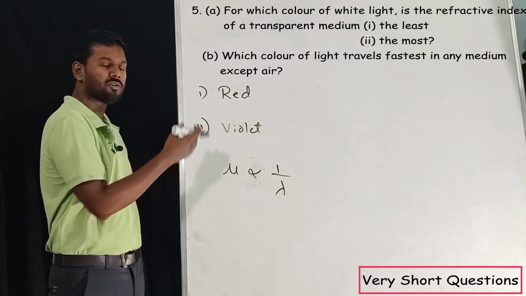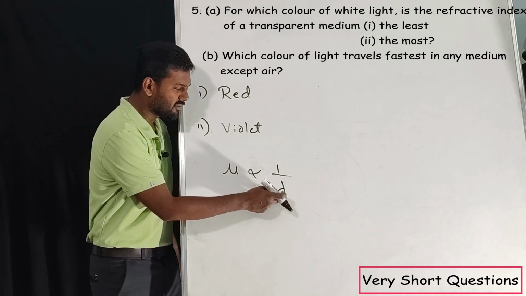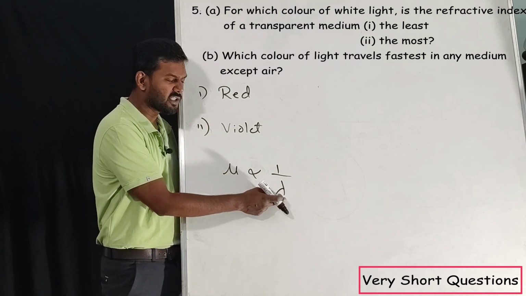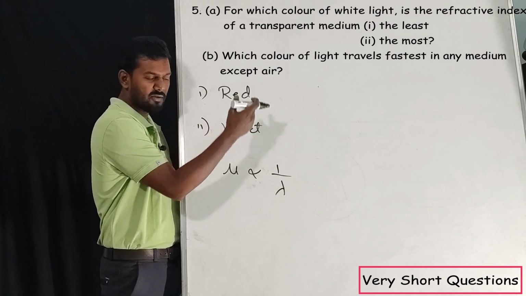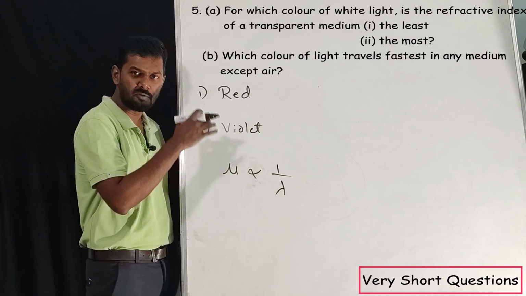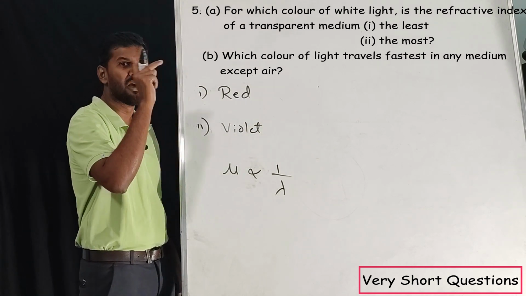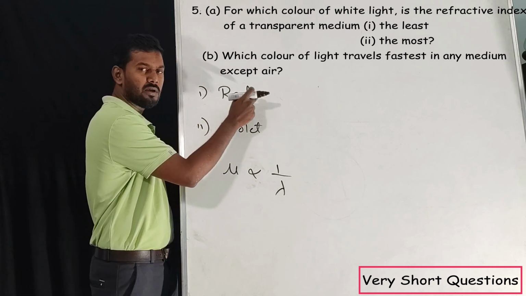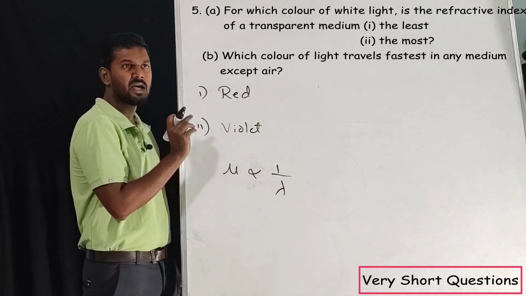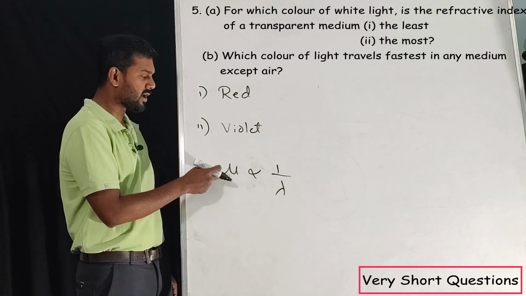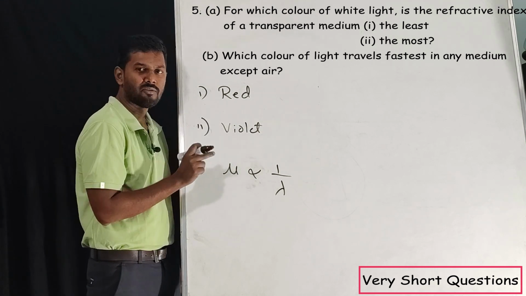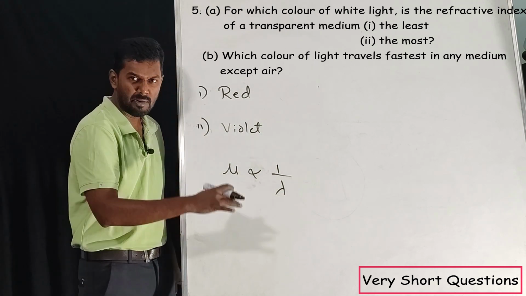How did we get to this conclusion? If the wavelength is more, red has most wavelength, so its refractive index will be least. The first part asks which has least refractive index, and the second part asks which has most refractive index. For most refractive index, wavelength should be minimum.